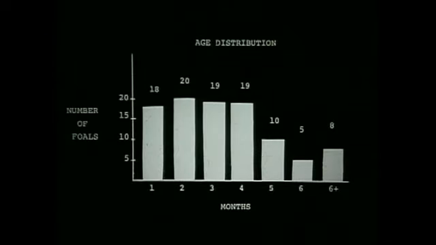As far as the age distribution is concerned, this lists the age in terms of months. As far as the individual numbers are concerned, it becomes evident that between the first and fourth month, most of these animals were affected.